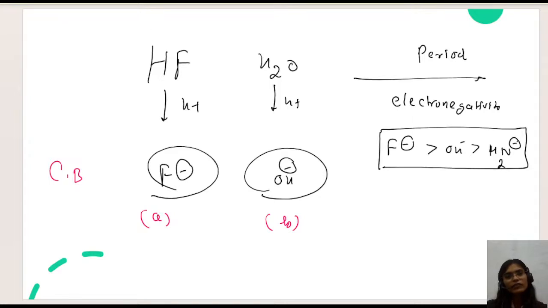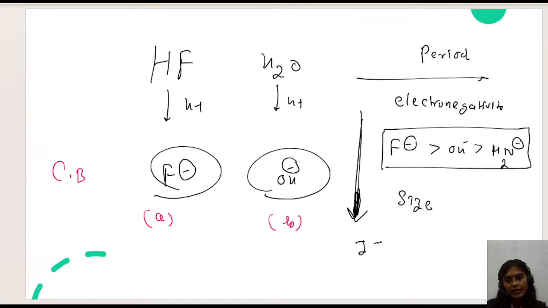And if we are moving down the group, because across the period size is not an issue and electronegativity keeps increasing, but down the group size is the important part. For example, I negative is much more stable as compared to bromine negative, chlorine negative, or fluorine negative.